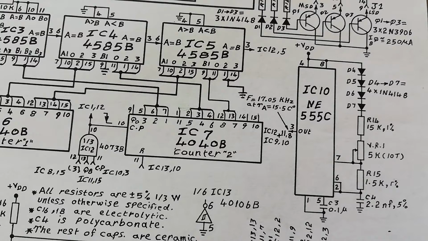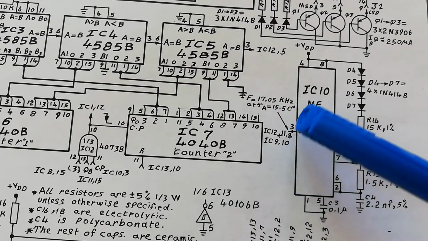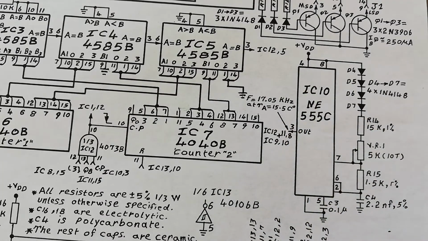And when you make each hertz correspond to 1 centimeter in distance, and since we are measuring the distance, so that means the sound has to go back and forth, we need to divide that frequency by 2.